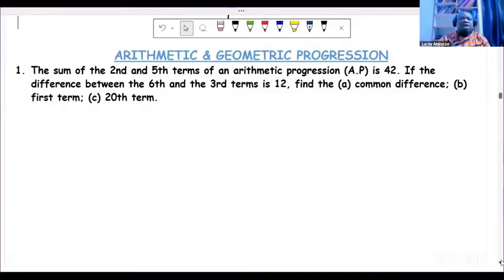The sum of the second and the fifth term of an arithmetic progression, AP, is 42. So let's go.